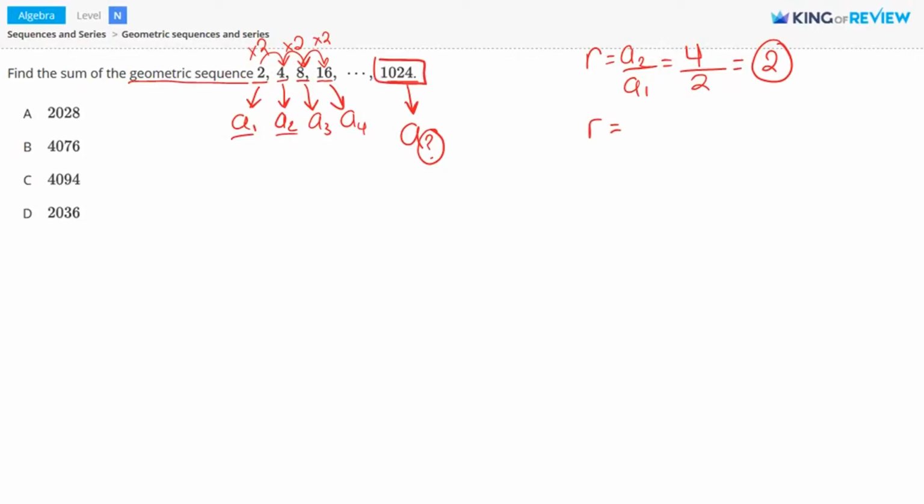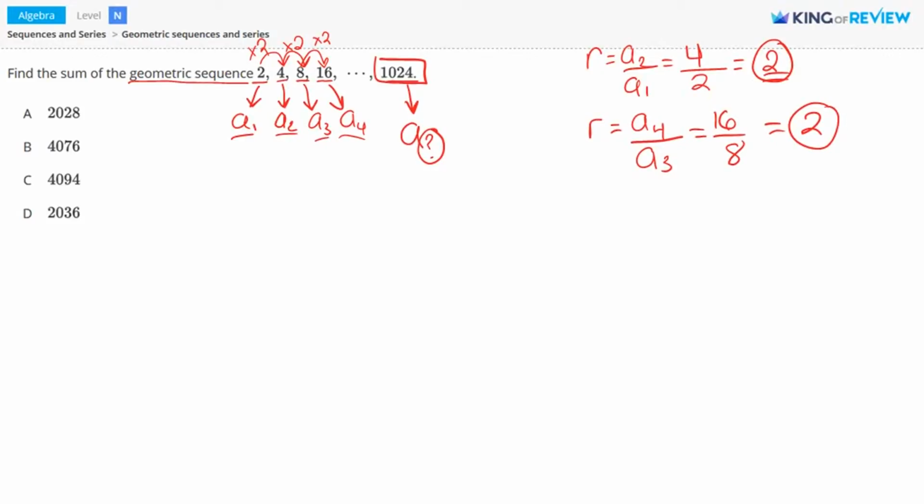For instance, A4 is in the numerator, so the previous term must be in the denominator. The previous term is A3. So we can also determine the common ratio by A4 divided by A3. So we have 16 divided by 8, and this equals 2, which is what we got here. So the common ratio is 2.